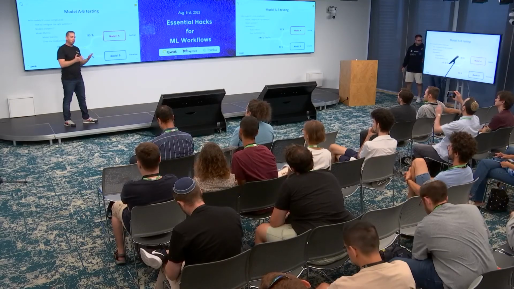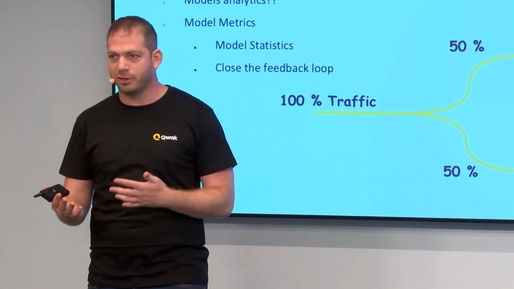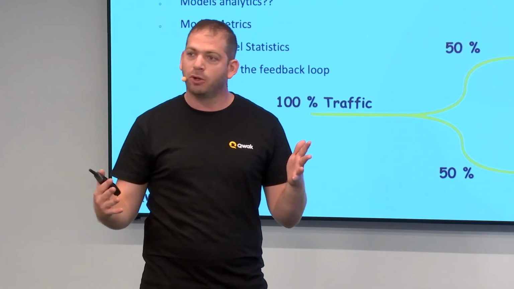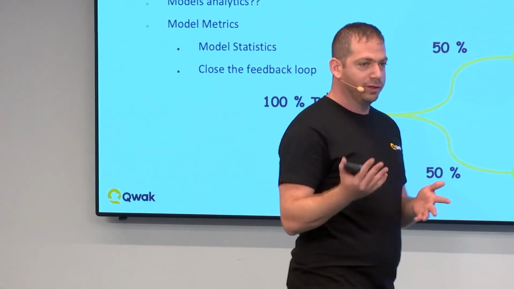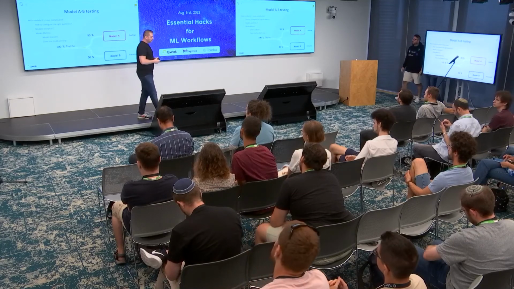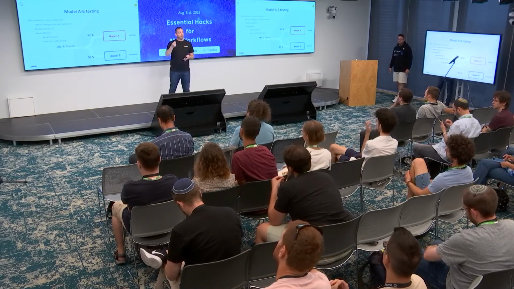And there are different types of metrics that you calculate. There are metrics that are based, for example, on the data that goes through the model or the output of the model, things like the distribution of the output or features. But you can also calculate the actual metrics.